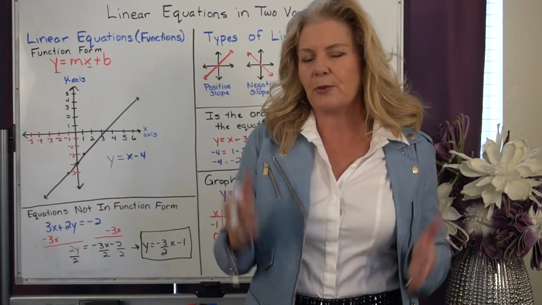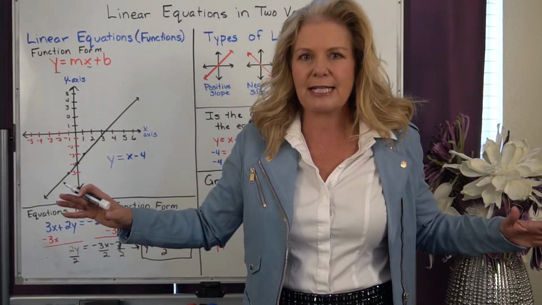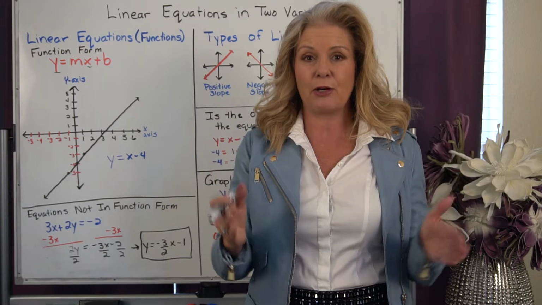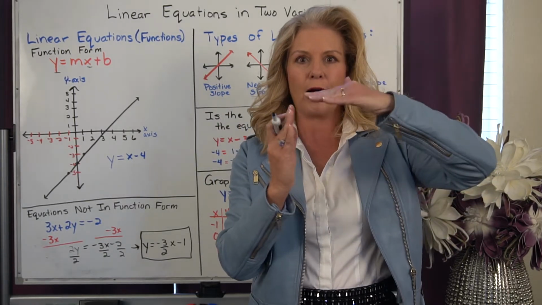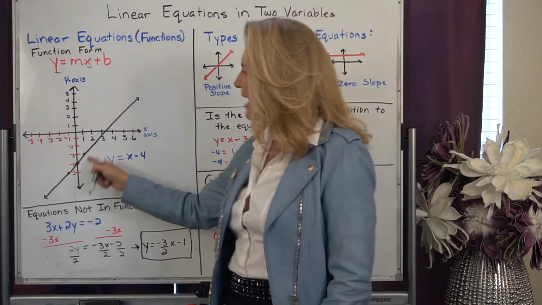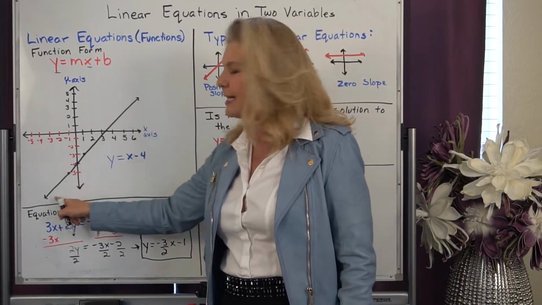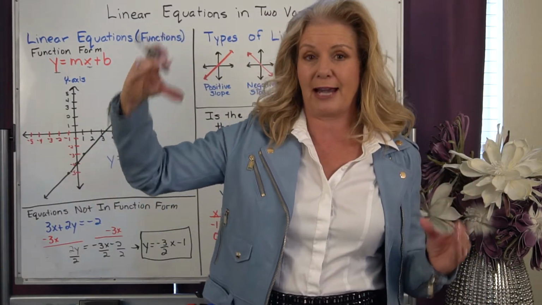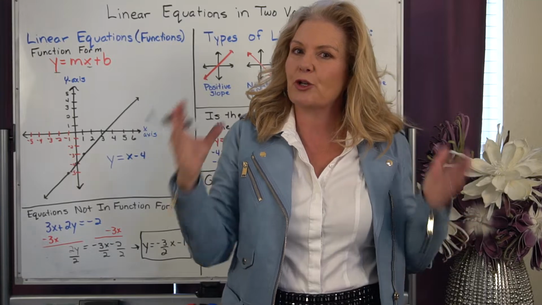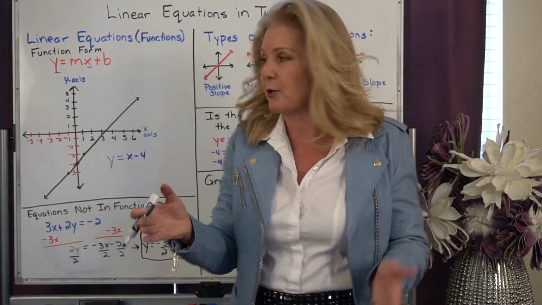So what I'm doing when I graph a linear equation is finding every solution to that equation, which means every xy value that will be on that line. Now, I don't have to show every xy value, because if I put the line and I put my arrows on the end, it just means that it goes on forever and ever. We just need to capture a portion of the line when we go to graph linear equations.